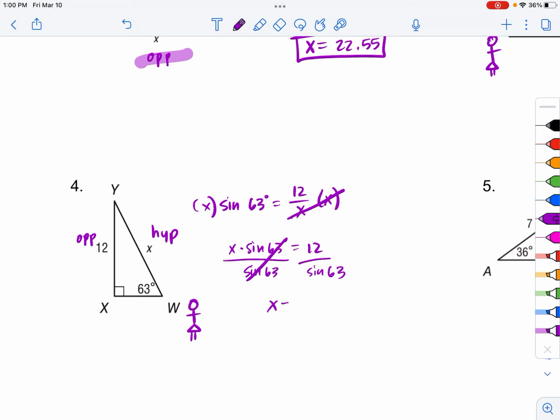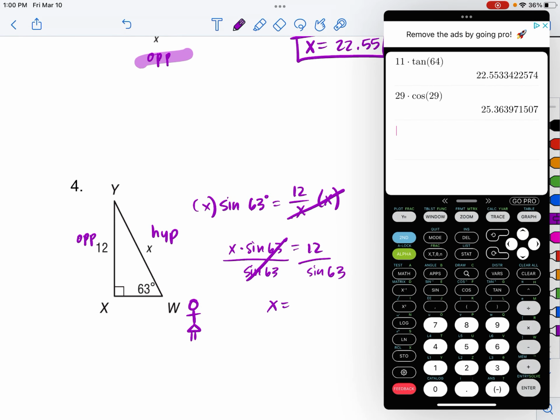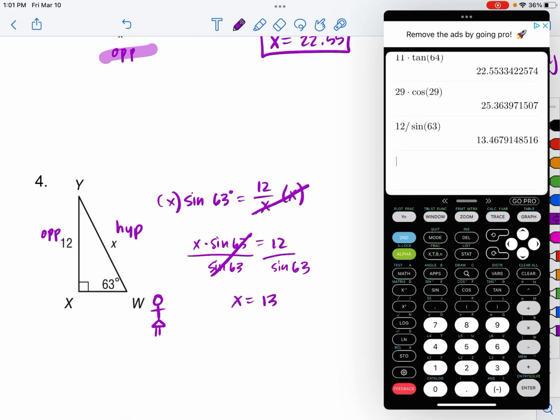And then we get x is equal to, and then we can plug this into our calculator. Okay, so let's pull out our calculator again. We're going to do 12 divided by sine of 63, close parentheses, and we get 13.467. So this one will actually round up to 13.47.